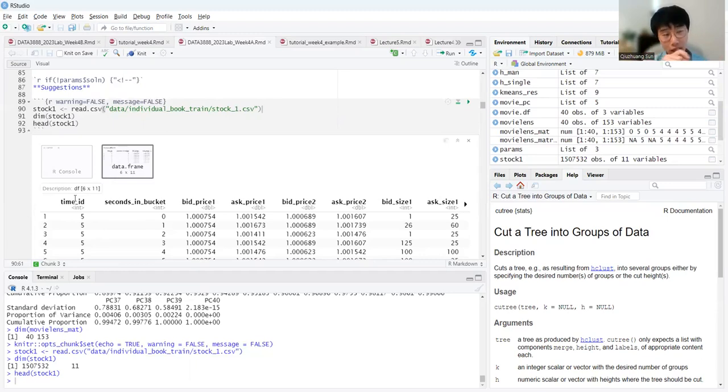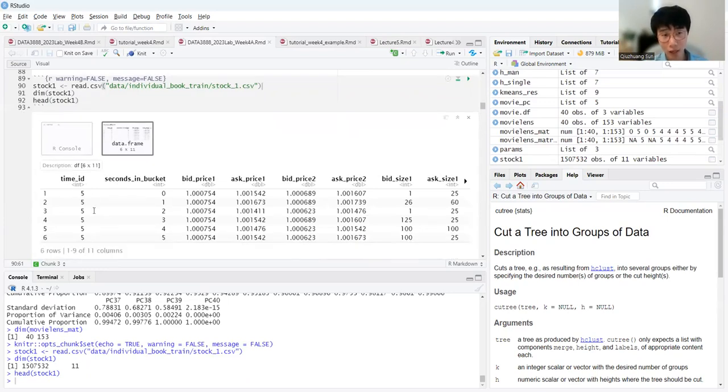All these 10-minute time intervals are not necessarily in a sequential manner, but they are consistent across the different stocks. So if stock one has a time ID 5, and for stock two you also have a time ID 5, then this means that the corresponding information like bid price and ask price are at the same time for stock one and stock two.